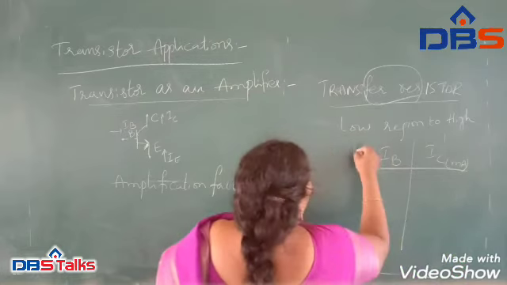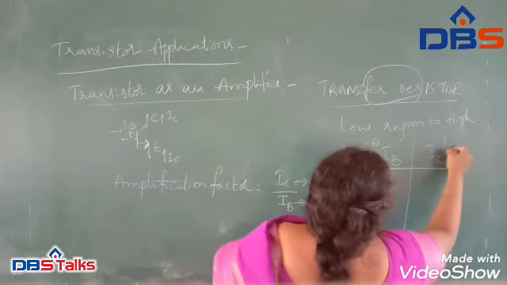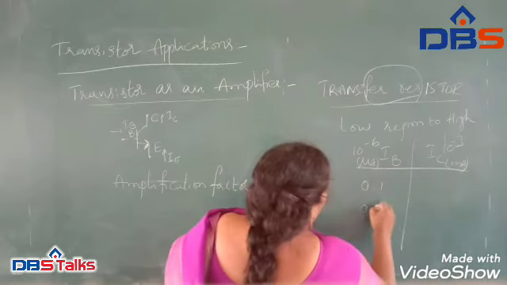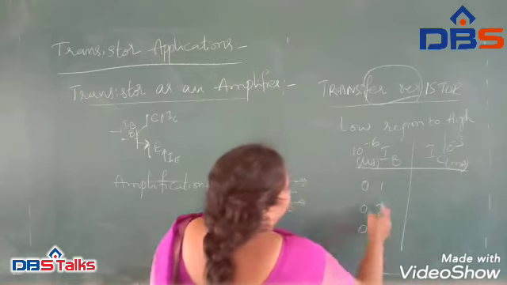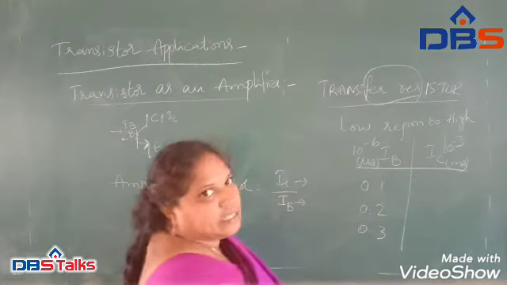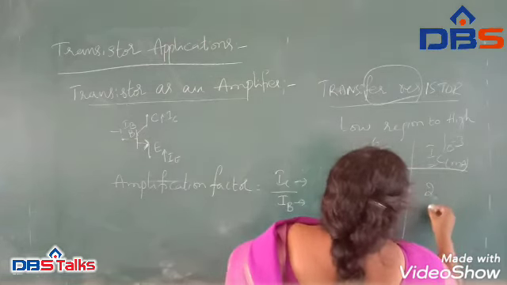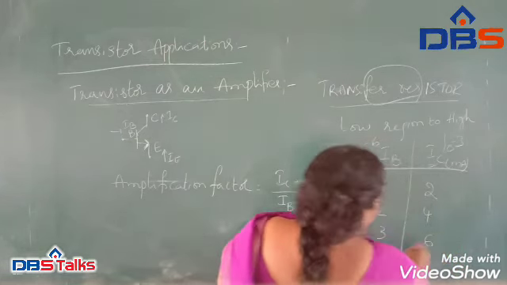Micro means 10 power minus 6. Milli means 10 power minus 3. Suppose 0.1, 0.2, 0.3 microamps for base current. Likewise, IC is 2 milliamps, 4 milliamps, 6 milliamps.